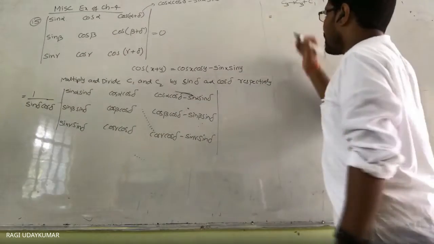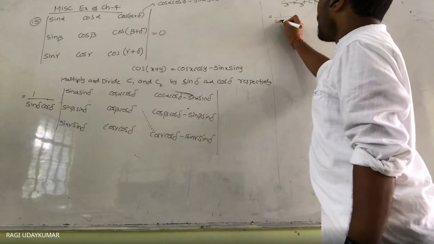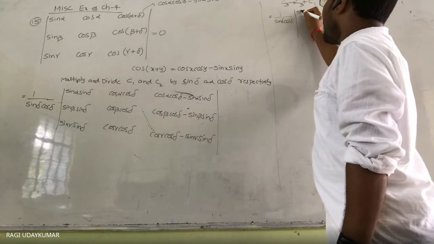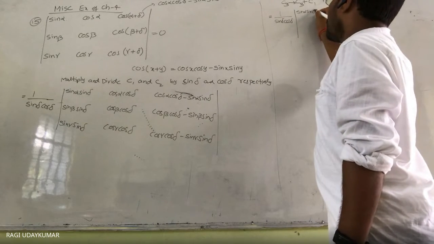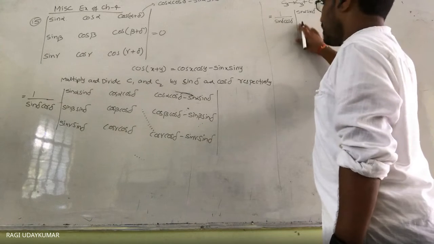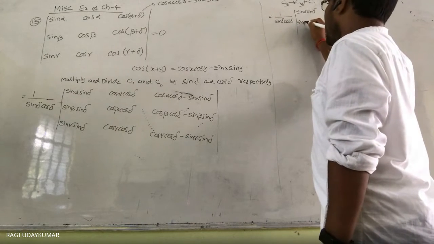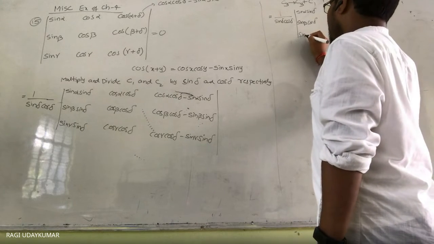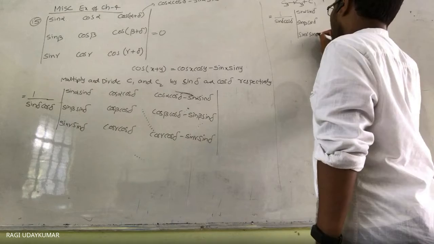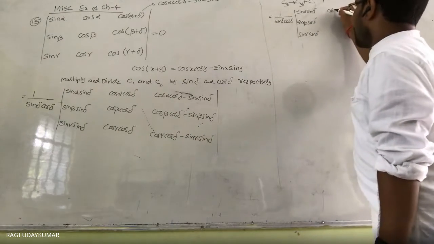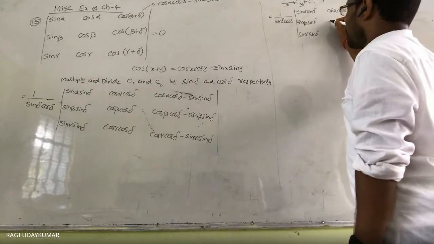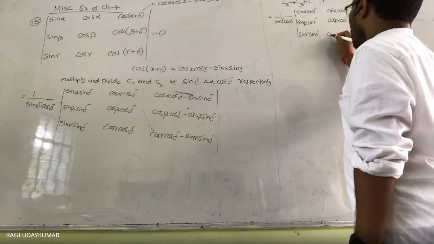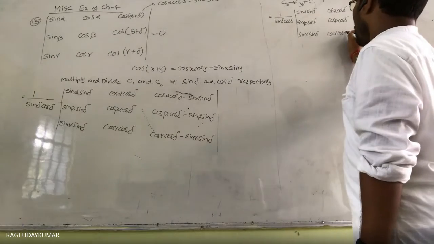So what will I get here? 1 by sin gamma cos gamma. Here we will get sin alpha sin gamma, sin beta sin gamma, sin delta sin gamma, cos alpha cos gamma, cos beta cos gamma, cos delta cos gamma.